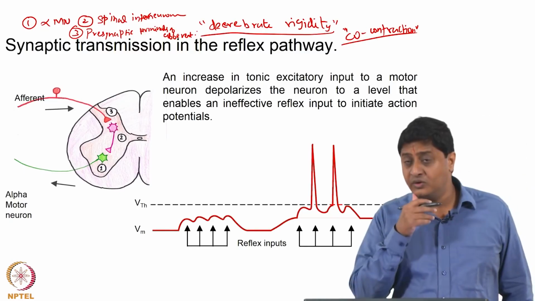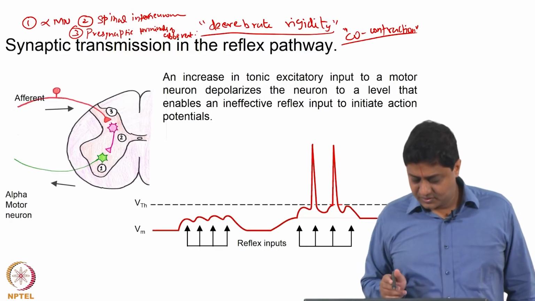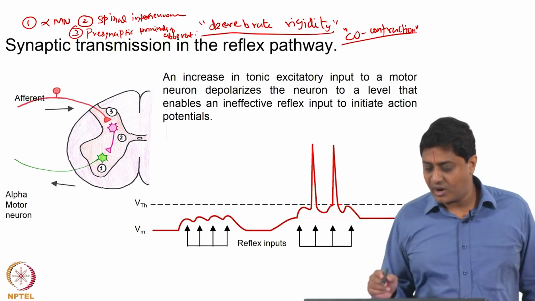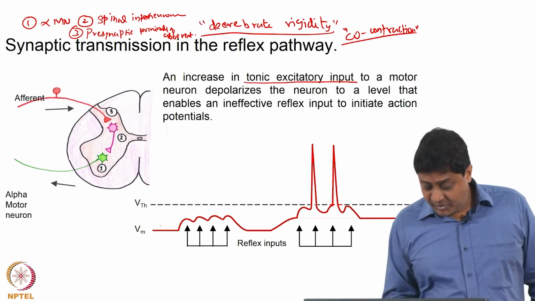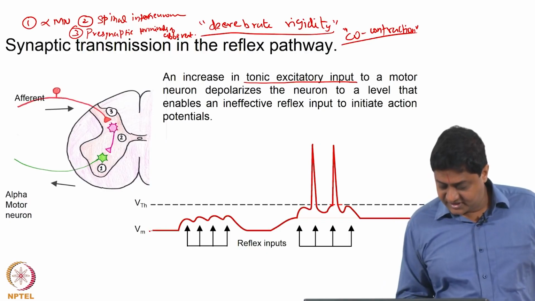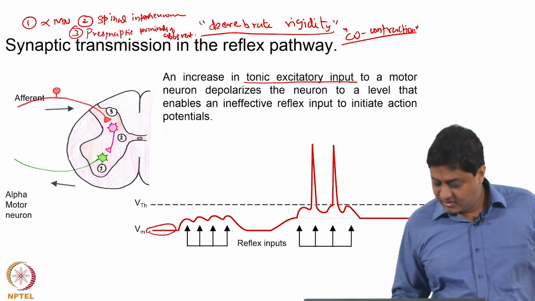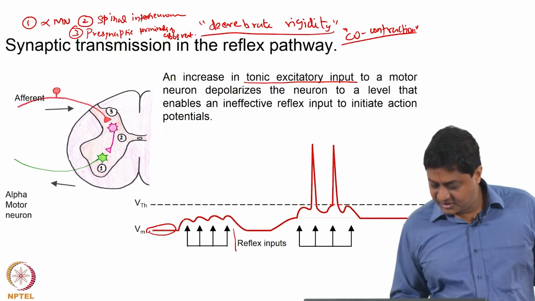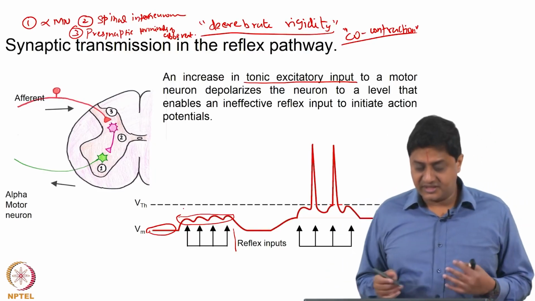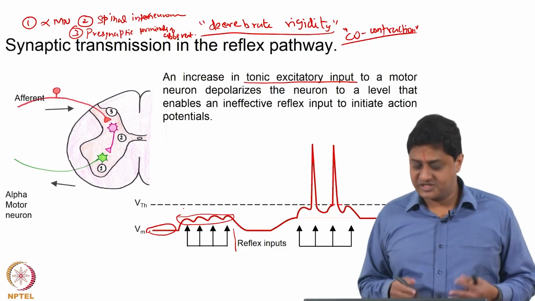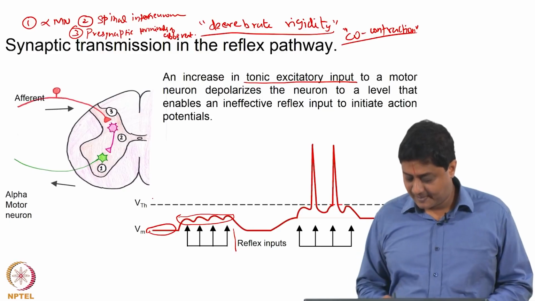Now, I could change the response to reflex by modifying the tonic excitatory state. If the tonic membrane potential, tonic excitatory state is at that level, for a given reflex amplitude it is going to take the membrane to that level, and there is going to be no response or response depending on what the threshold is.